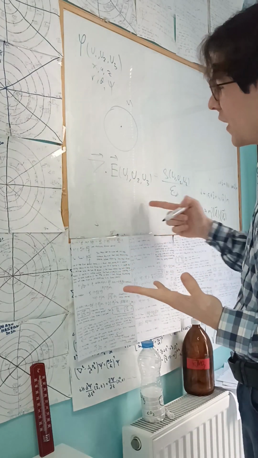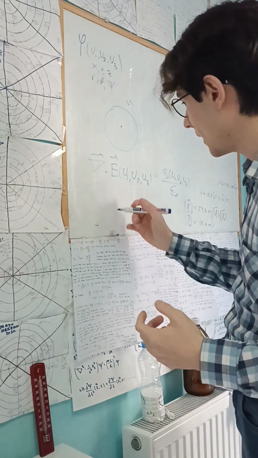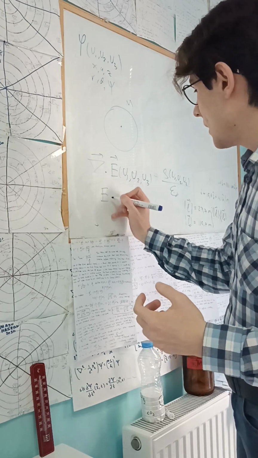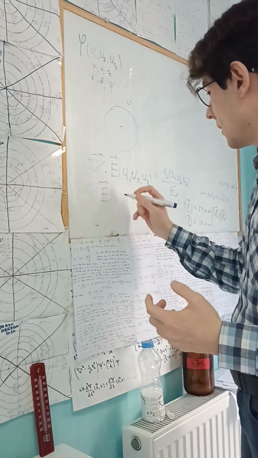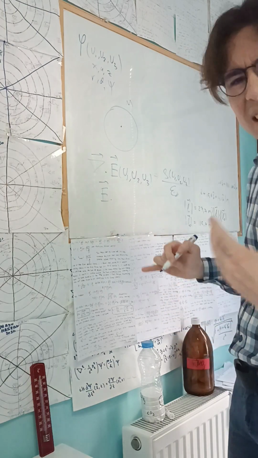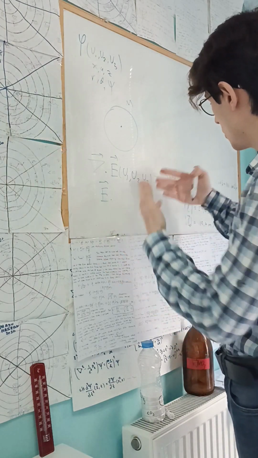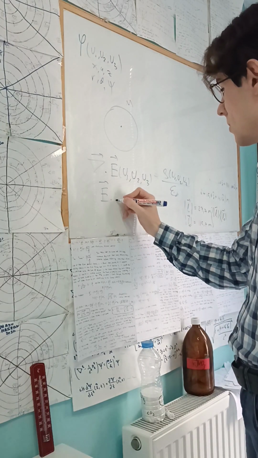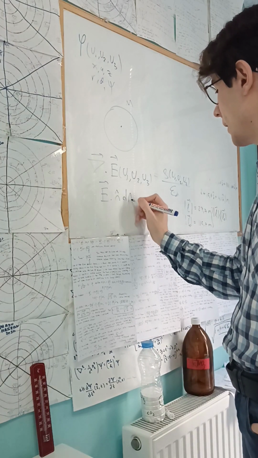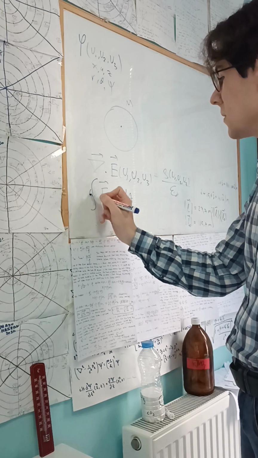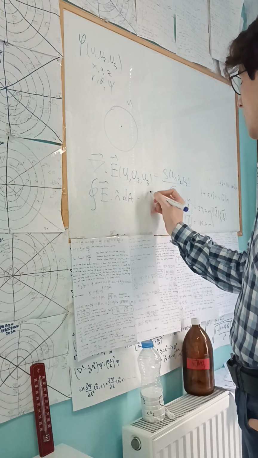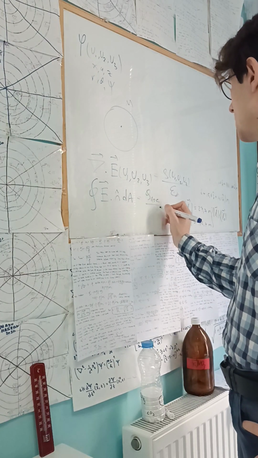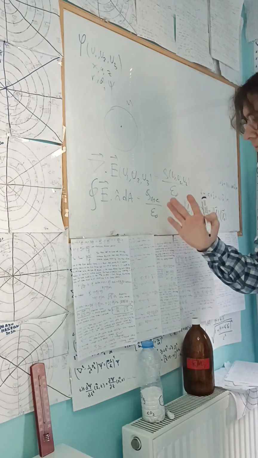And this is the differential form of it, so we can write down the electric field's surface integral, which must be equal to this, right? And also the closed integral of it is Q enclosed divided by the permittivity.